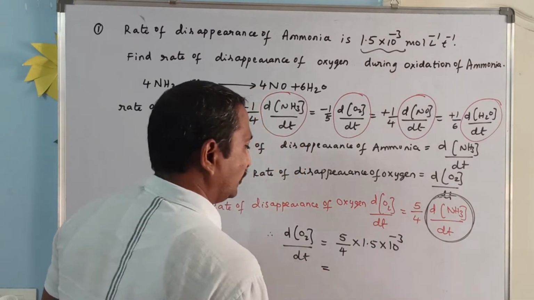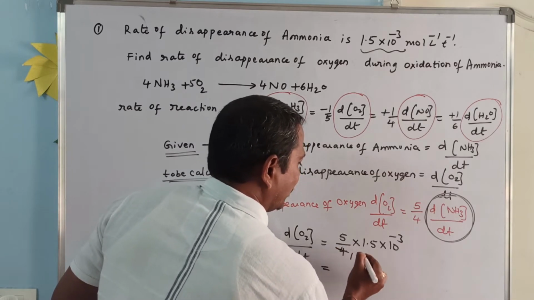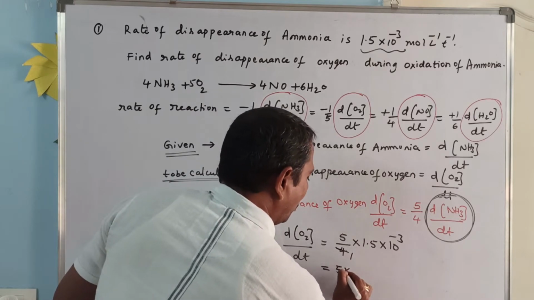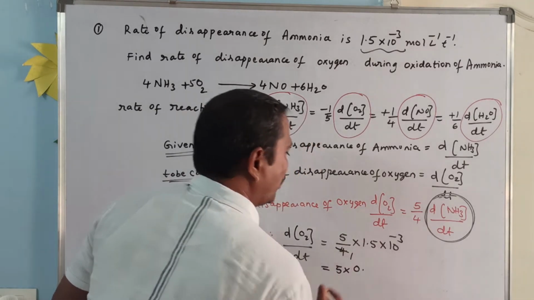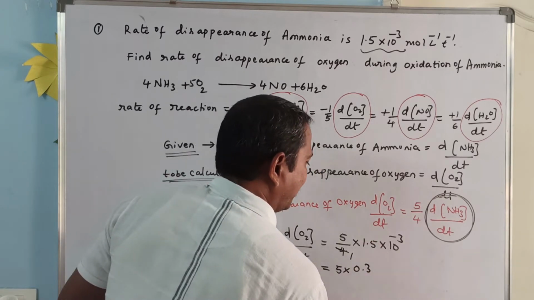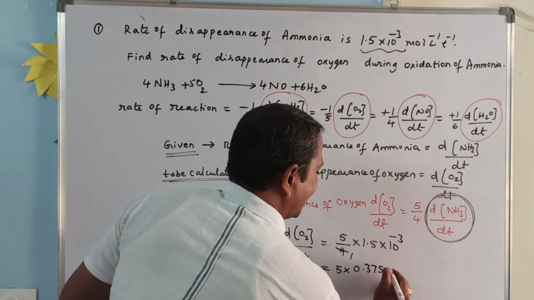That is equal to 5 into 1.5 divided by 4. 4 threes are 12, 3 remaining 30. 4 sevens are 28, 4 fives are 20.